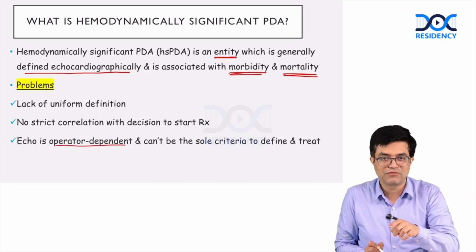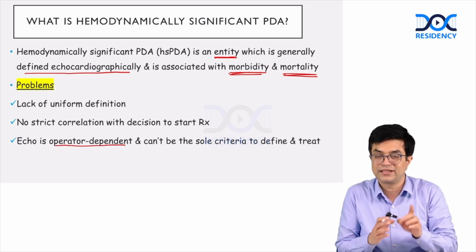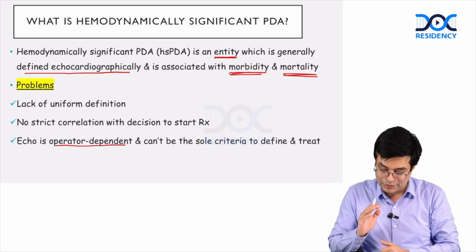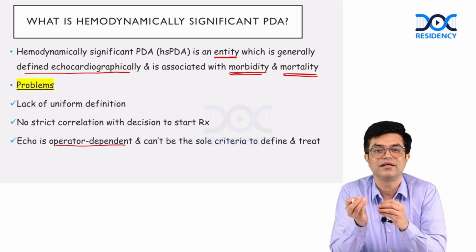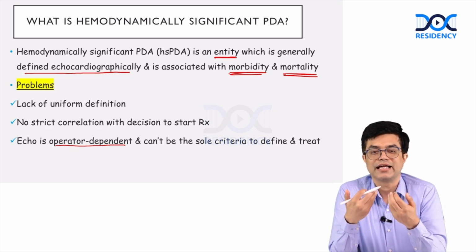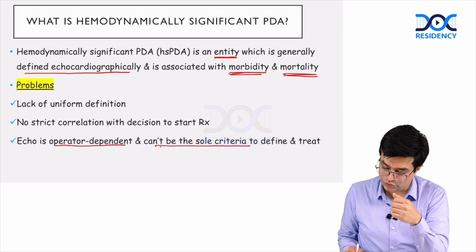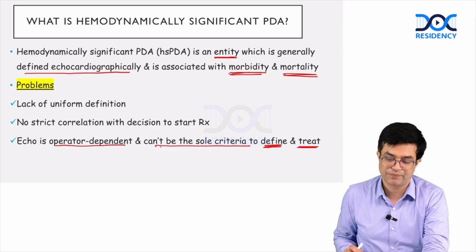If the person performing is a first year junior resident who has just entered super specialty, the person will not be that equipped to handle complex cases. And again, echocardiography can be misleading in a few patients. So it cannot be the sole criterion to define HS PDA and treat based on it.